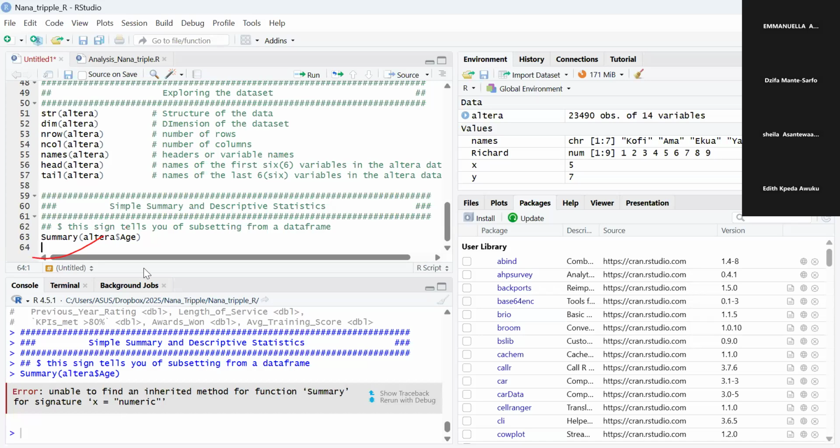So there is an element which is not numeric. You can go and put a command there. You can say na.rm equals to TRUE.